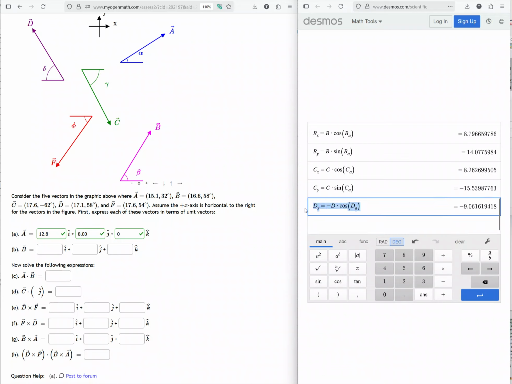And for the y component, I don't have to give the negative sign here, but sine.